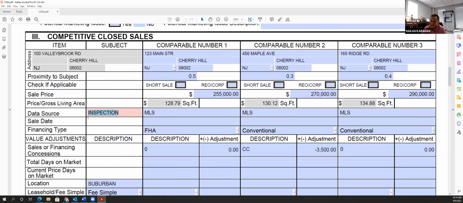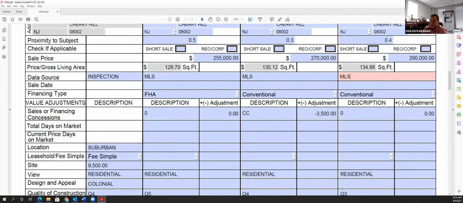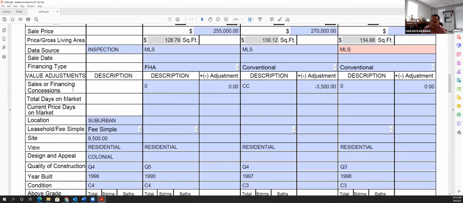Since we inspected the particular property, and MLS is our source for getting these comps to compare, you can put in sales and financing concessions. As you know, our Bright MLS does not give you any adjustments. It does, but you really have to know what the appraisers adjust on price-wise.